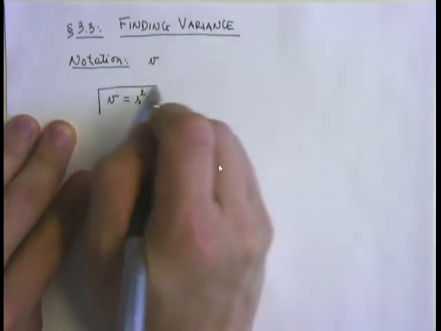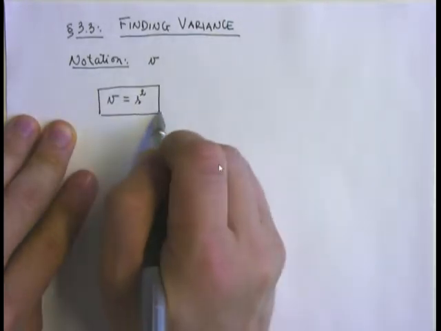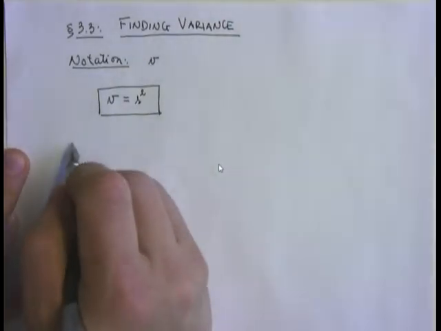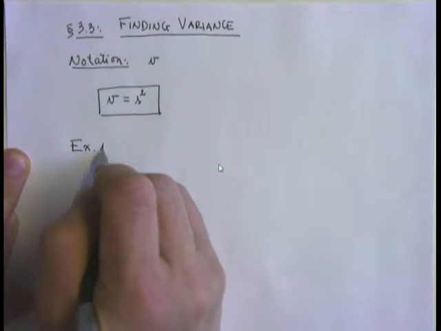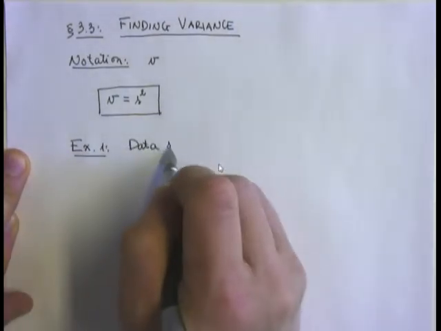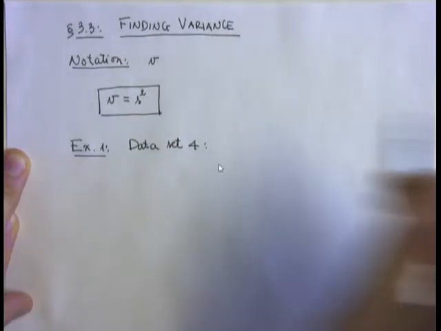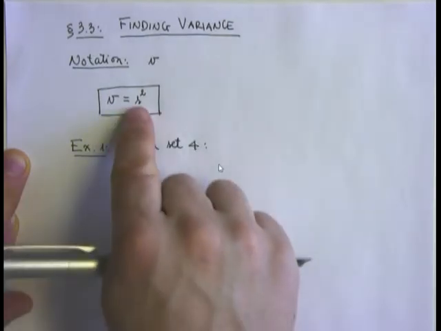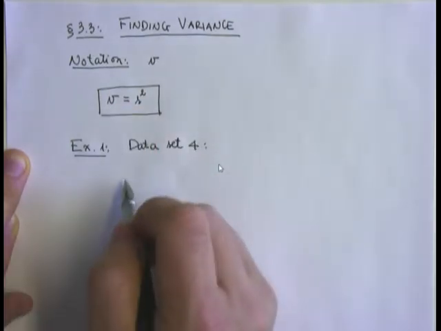So now with this formula to find variance, here's how we can quickly see an example. If you look into the first example, and once again we focus on dataset 4, the formula is telling me that variance is the square of standard deviation.